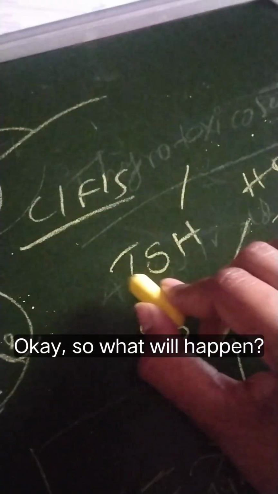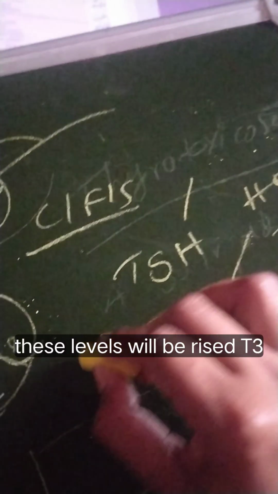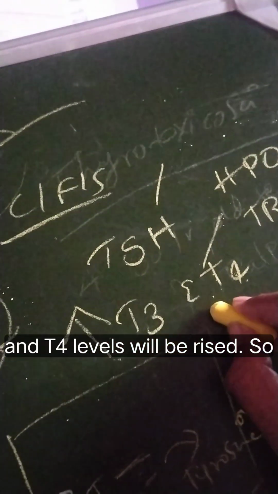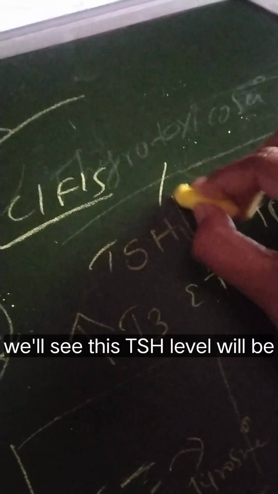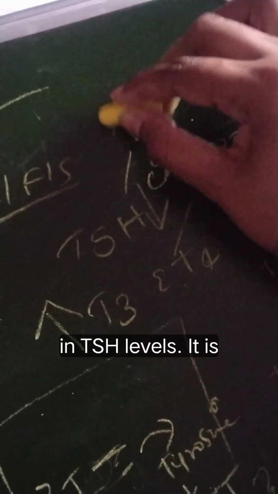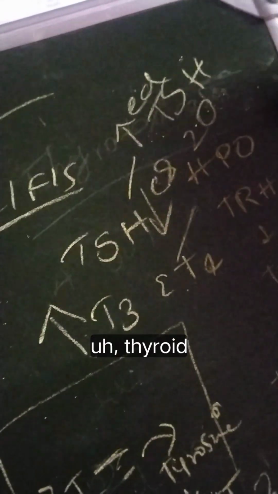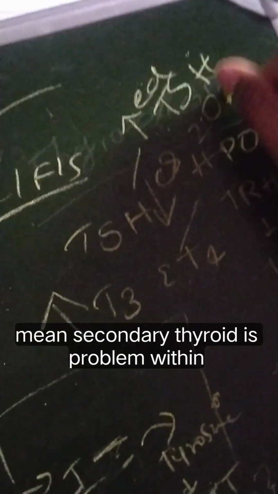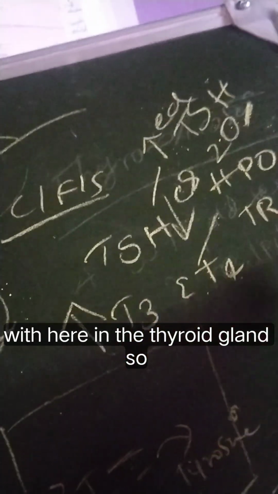So what will happen in thyrotoxicosis? T3 and T4 levels will be raised, and TSH level will be decreased. If there is a rise in TSH levels, it is secondary thyrotoxicosis, meaning the problem is in the pituitary gland, not in the thyroid gland.